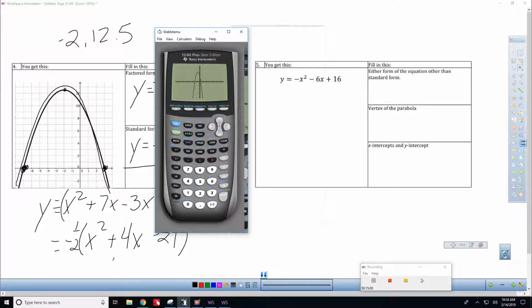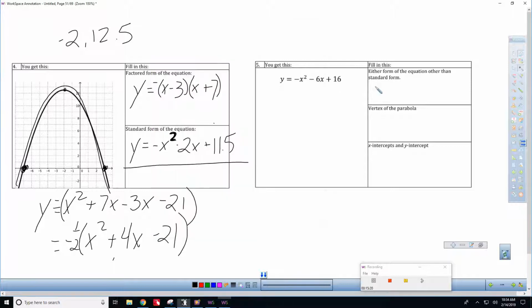-3, 25. All right. So this will be y equals x plus 3 squared plus 25.